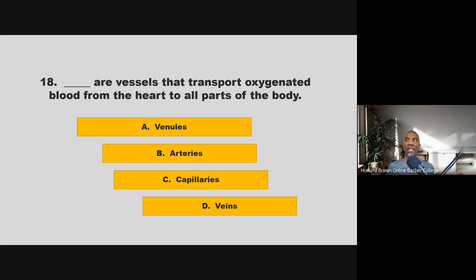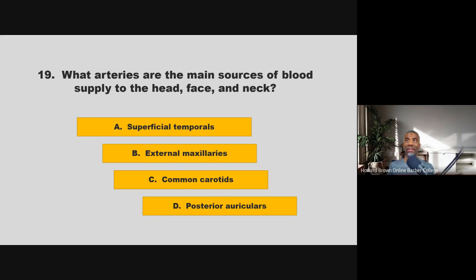Blank are vessels that transport oxygenated blood from the heart to all parts of the body. Is it venules, arteries, capillaries, or veins? If you chose B, arteries, you are correct.